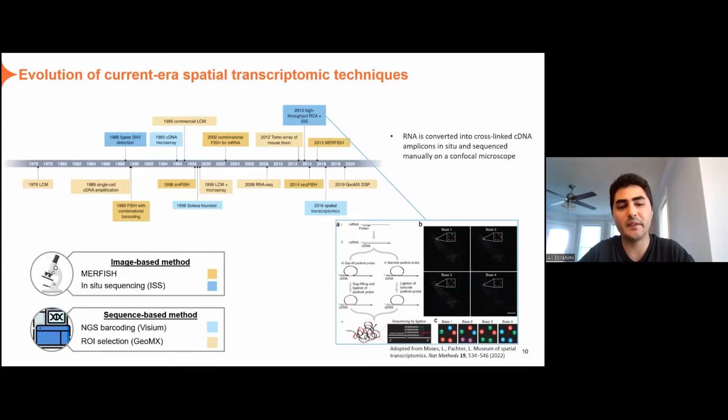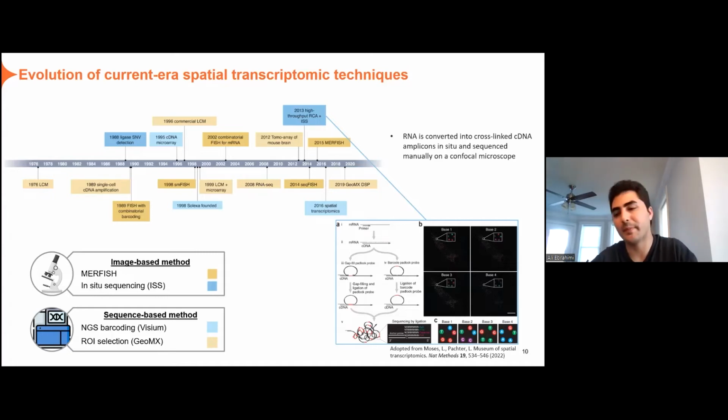Although it's called in situ sequencing, it is actually image-based because you are using a confocal microscope to sequence the individual transcripts. And this really gives you an additional level of information, unlike MERFISH, because now you are not getting one single data point per transcript, but instead you are getting the sequence of that transcript explicitly.